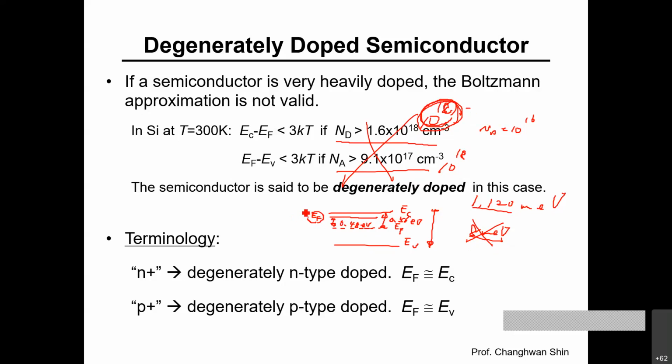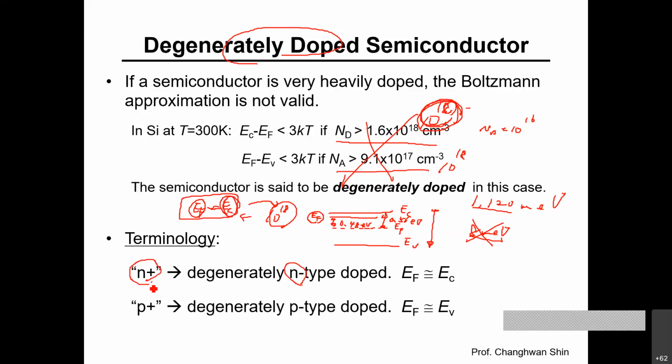So 10 to the 18 is a degenerately doped semiconductor, which means EF is almost equal to EC. The position of the Fermi energy level close to the band edge indicates a heavily doped semiconductor. So from now on, I'm going to use N plus doped instead of N doped.